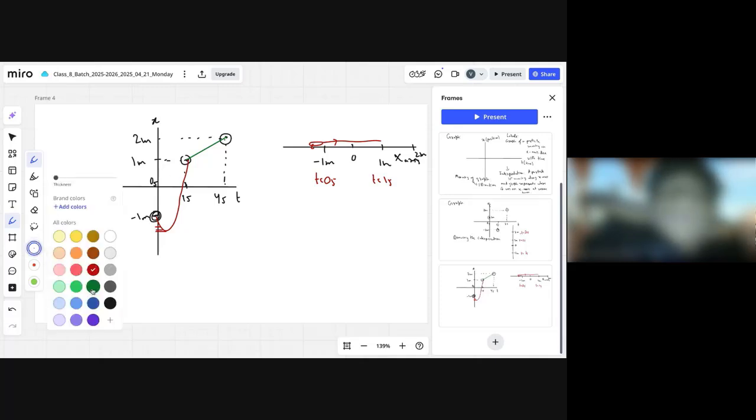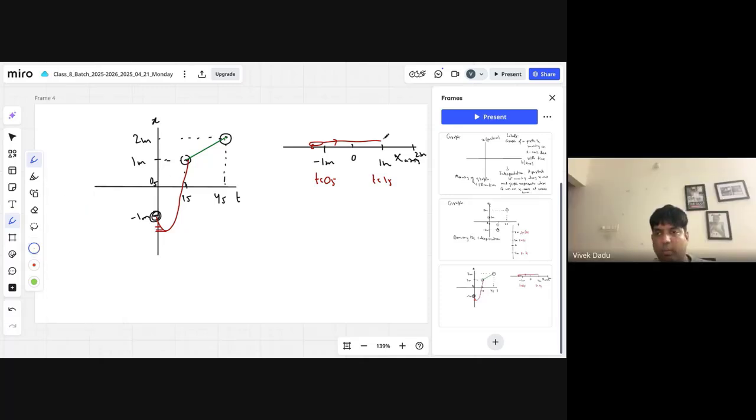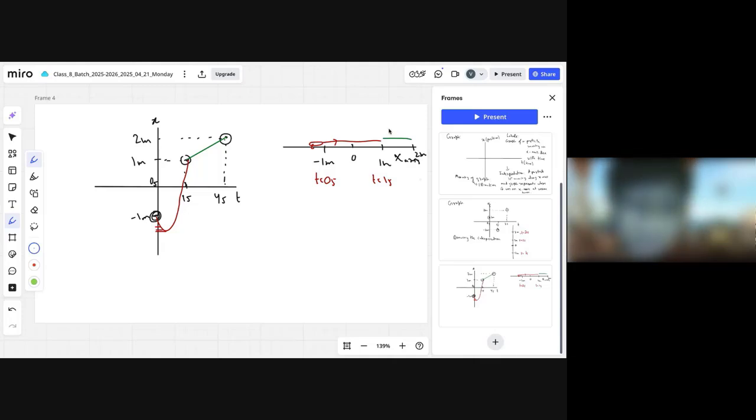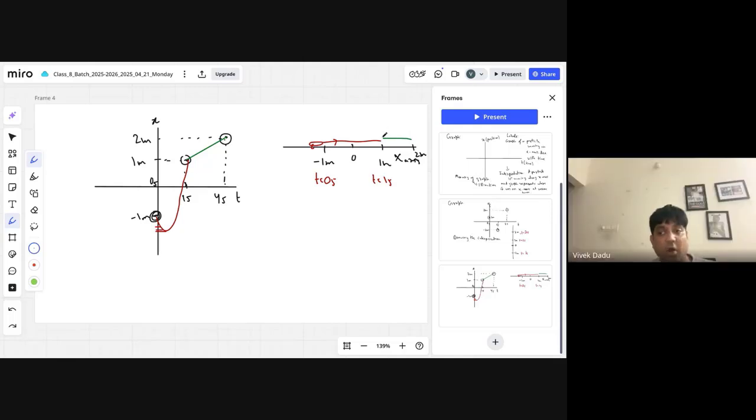I will use green color. Yes, sir. Okay. Now, why am I making just a straight line here?